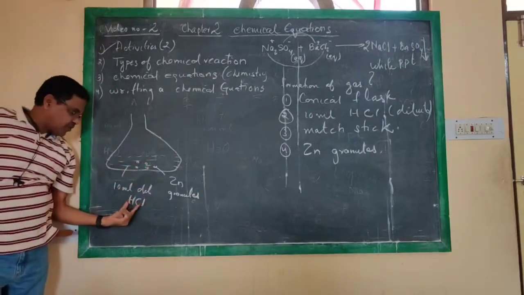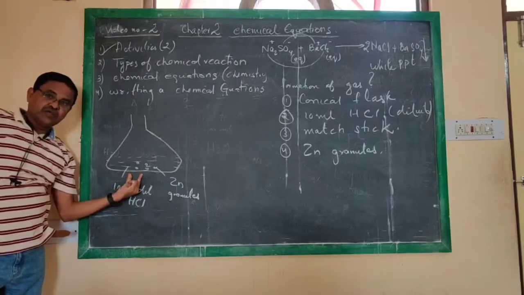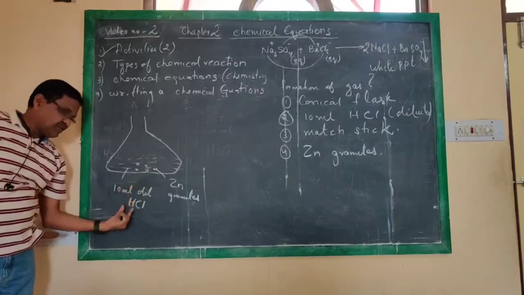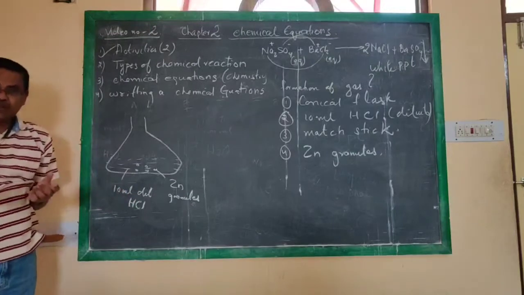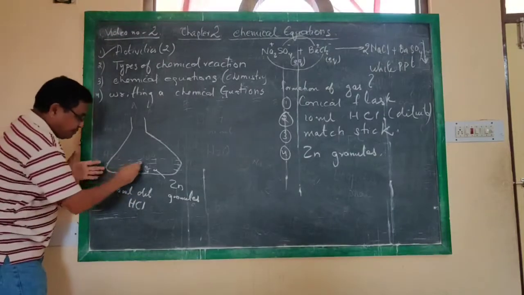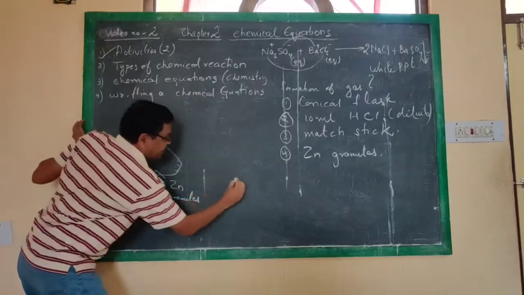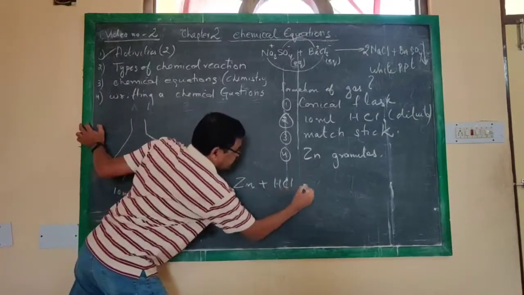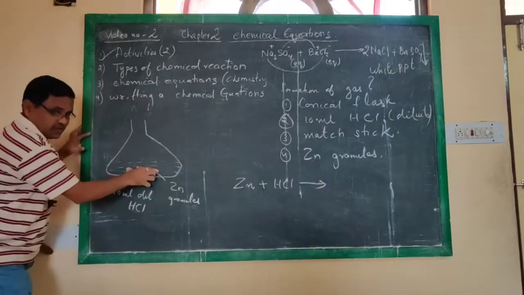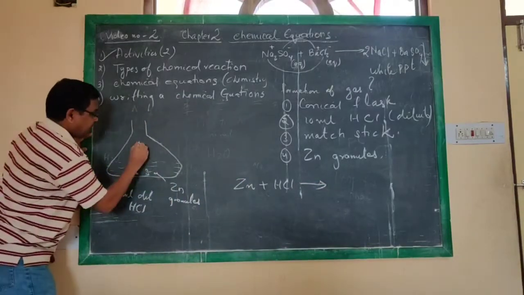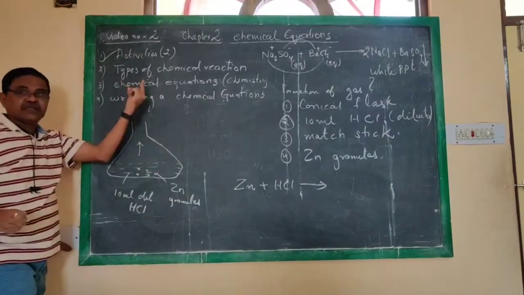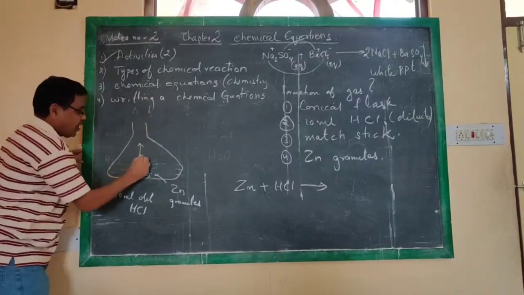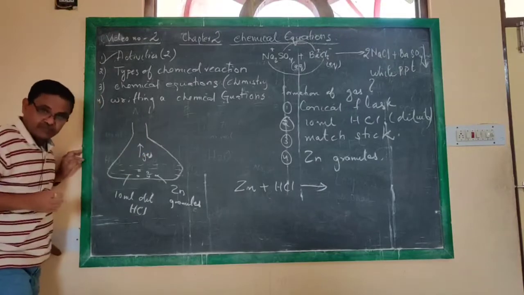One is a metal and another is an acid, so the reaction will begin. When zinc and HCl start to react together, we will find that something goes out of this conical flask in the form of gas.